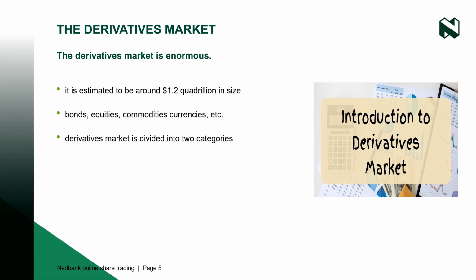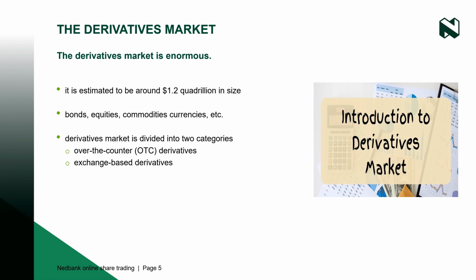The derivatives market is divided into two categories: over-the-counter, or OTC derivatives, and exchange-based derivatives. OTC, or over-the-counter derivatives, are derivatives that are not listed on exchanges and are traded directly between parties. This type of derivative is extremely popular amongst investment banks.